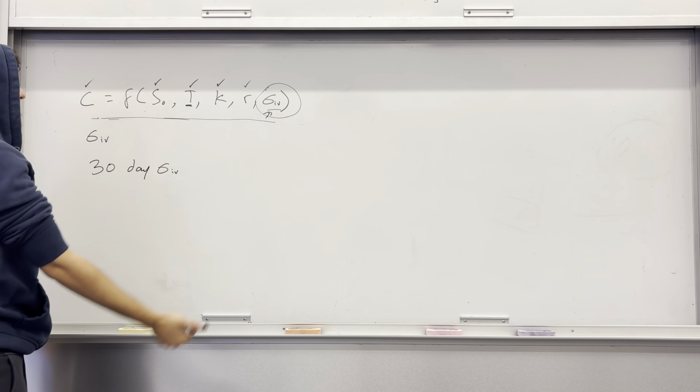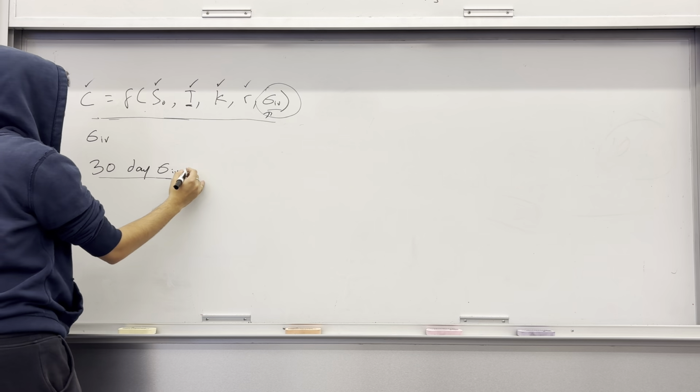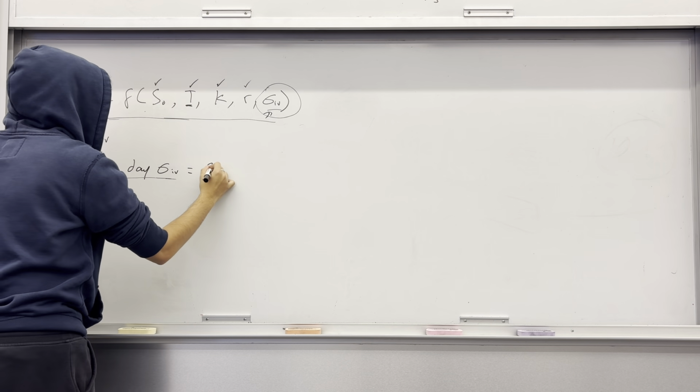And so it's kind of a clever way to think about it. The 30-day implied volatility, let's just say, is 50%.